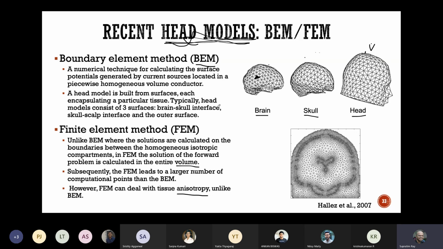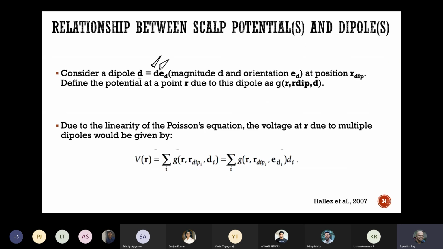So now let's put this all together and think about how you would go about solving the problem, which is that given a dipole somewhere in the brain, how do I find out the potential at some location on the scalp? So let's see how we would work this out. Consider a dipole, which has both a magnitude given by d and an orientation given by this, at some position r dipole inside the brain.